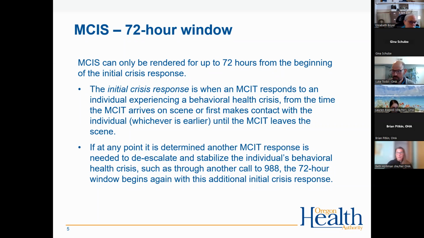It says use H2011 with the HE modifier, add HT when the HE modifier has been used, and the mobile crisis team providing the in-person crisis response includes a QMHP.